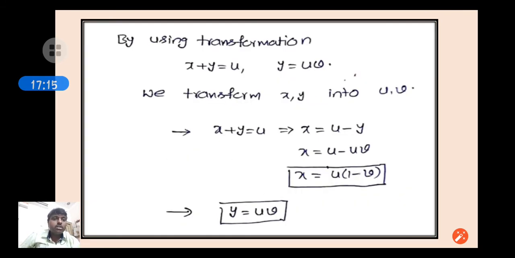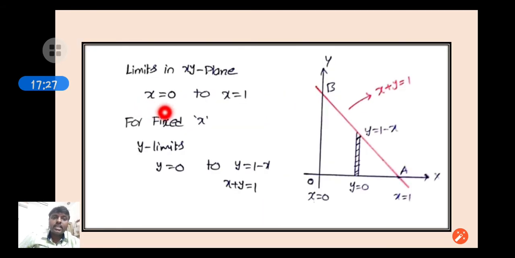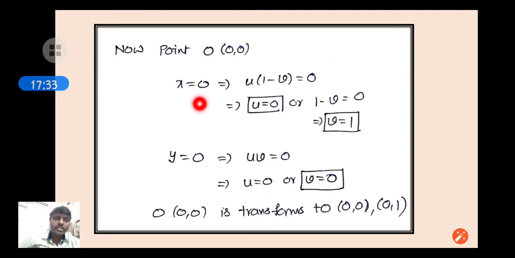Okay, so writing x and y now. Now I know the lower limit of x. First I am taking the lower limit of x equal to 0. See here, x equal to 0 is the lower limit and x equal to 1 is the upper limit. So I am taking the point 0, 0 also.